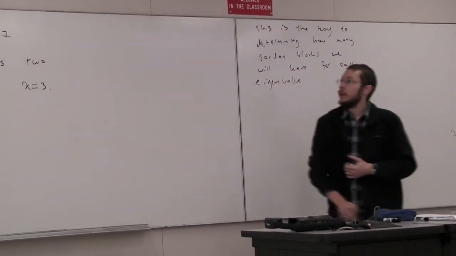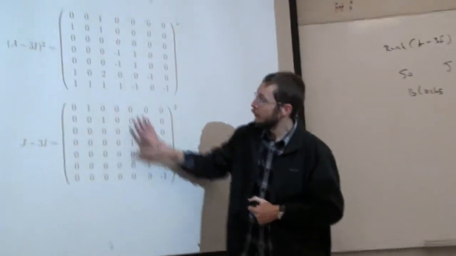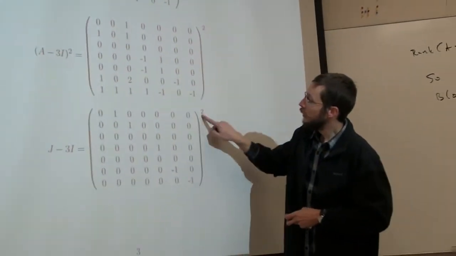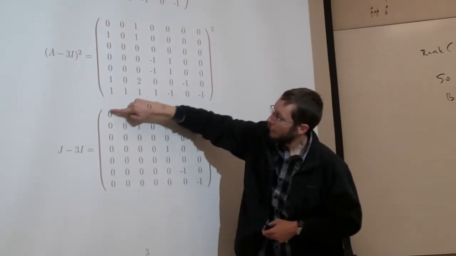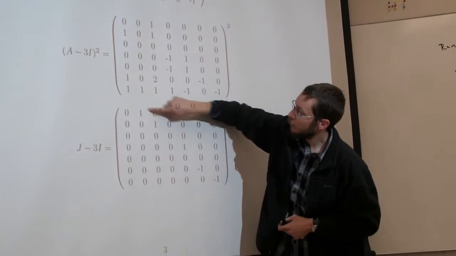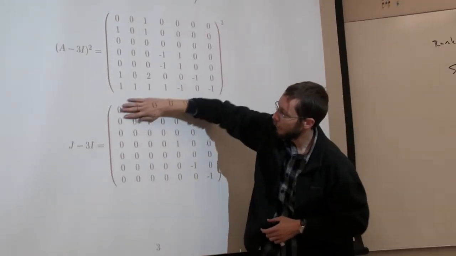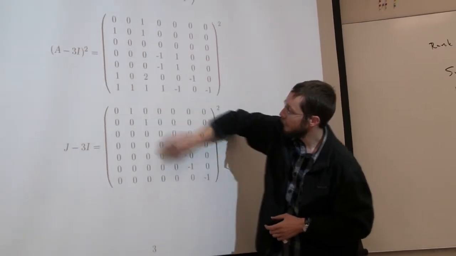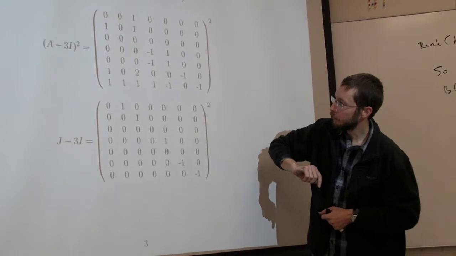Okay. And so what that looks like in the Jordan form, secretly this is where we're headed. When we take powers of J minus 3I, first of all, this is in block form, where we have a 3 by 3 block here, a 2 by 2 block here, a 1 by 1, and a 1 by 1.